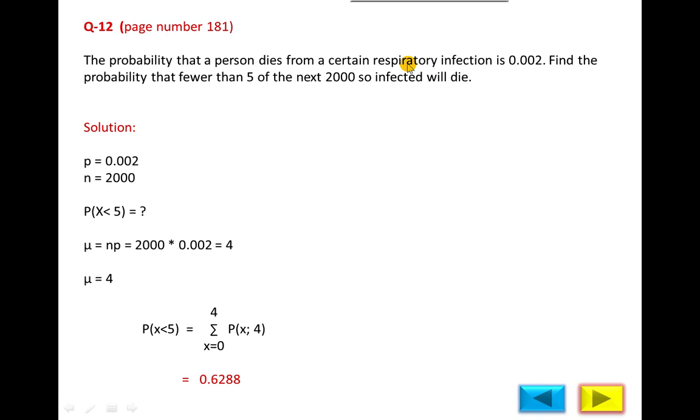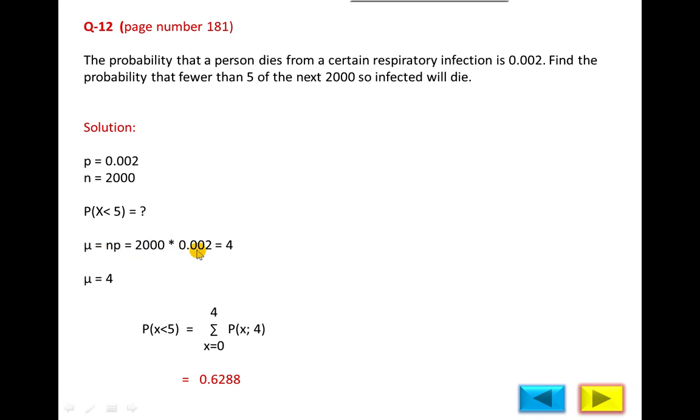This is the most important thing. So p very small, n very large. The condition is to find the probability of fewer than 5, and for the Poisson distribution we require mu. If you multiply n by p you will obtain mu, because mu is the mean of the Poisson, and n into p is the mean of the binomial distribution.